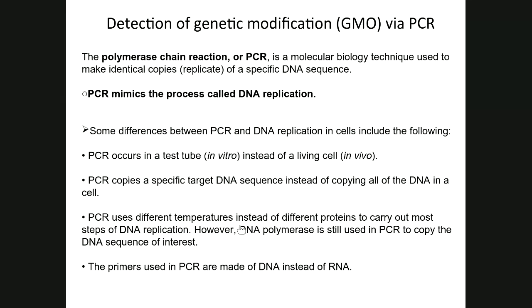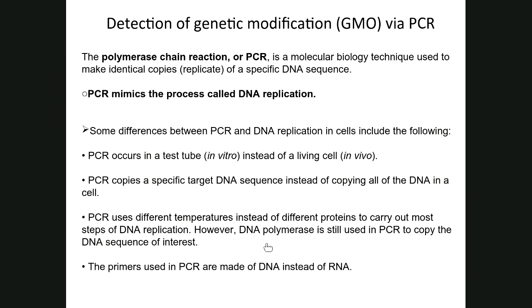PCR uses different temperatures instead of different proteins or enzymes to carry out the steps of DNA replication. However, what they have in common, for both DNA replication in vivo and through PCR in vitro, is that we always need an enzyme called DNA polymerase, and I'll talk about this more in a second.